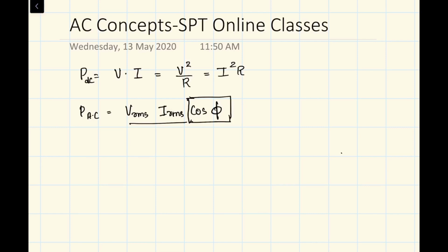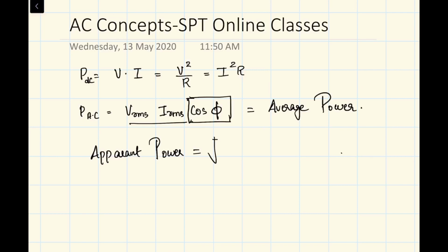For that, you should know the idea about Vrms Irms cos phi, the entire average power term itself. This is the first thing you should have an idea about, average power. This actually comes from the term apparent power. Now apparent power is equal to root of P square plus reactive power square.